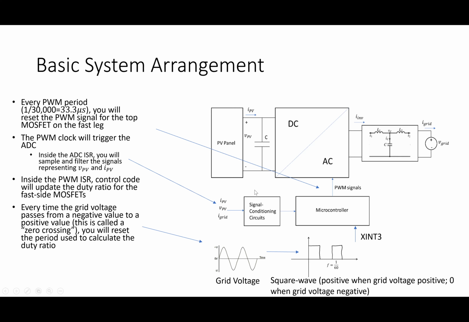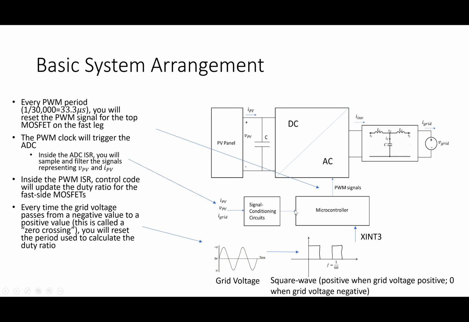Ultimately, you're going to have some signal conditioning circuits, our op-amp circuits, that are going to take real values like the voltage on the panel or the current in the panel and convert them to the 0 to 3 volt range that needs to go into the microcontroller. So I've got inputs from those signal conditioning circuits. I've got an input on external interrupt 3, and I have outputs on the PWM signals.